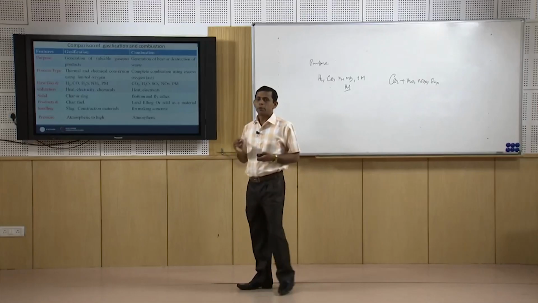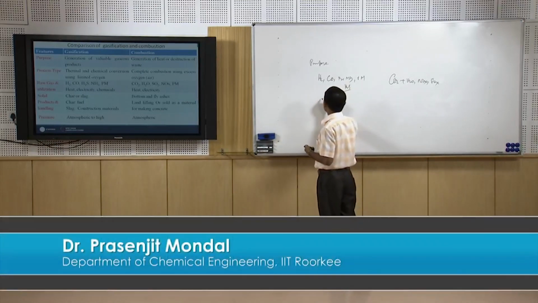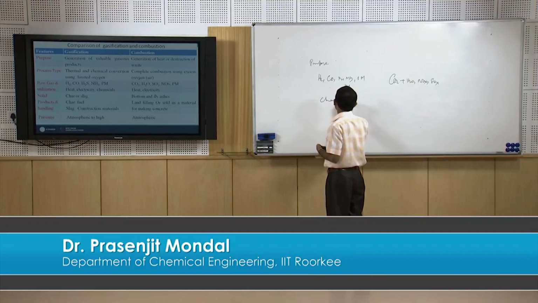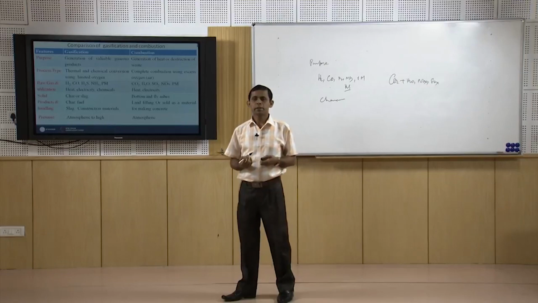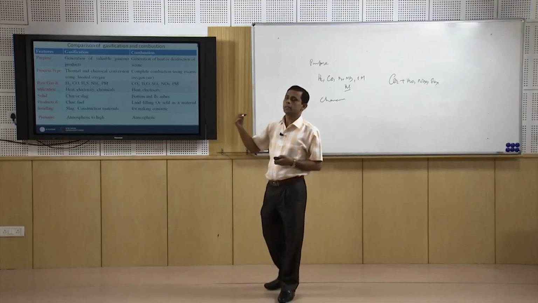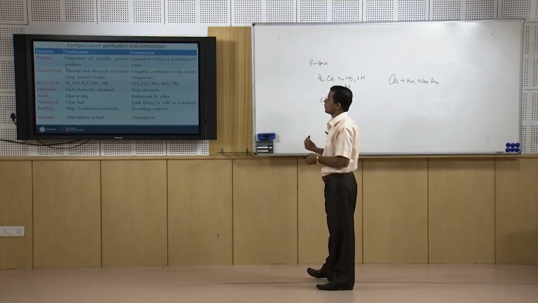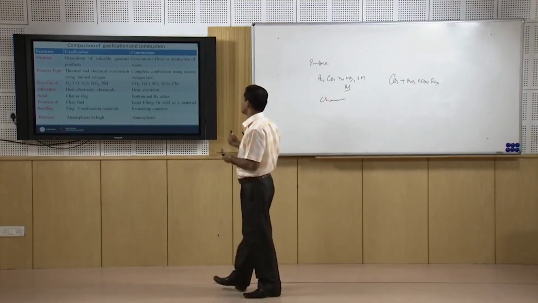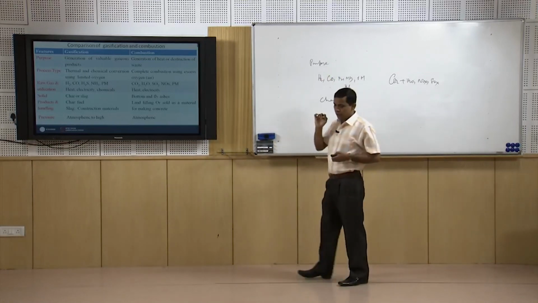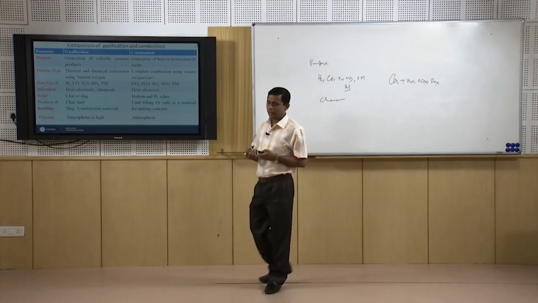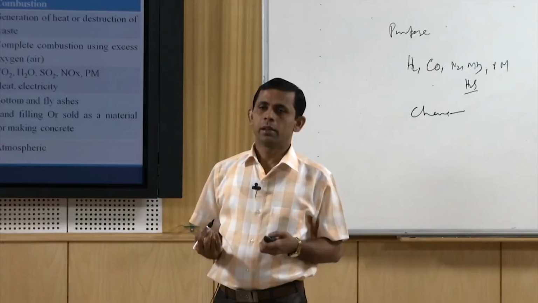And solids: we will get char or slag. Char from a gasifier can be used as solid fuel, and slag can be used as construction material, whereas for combustion we will get fly ash and bottom ash. Bottom ash goes to landfilling, or it can also be used for concrete. Gasification requires higher than atmospheric pressure, but combustion works well under atmospheric pressure.